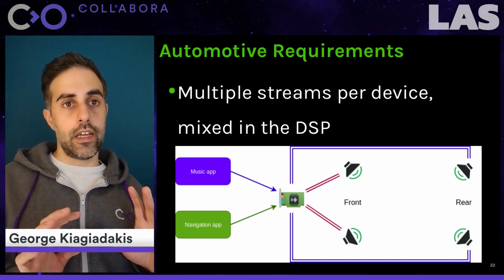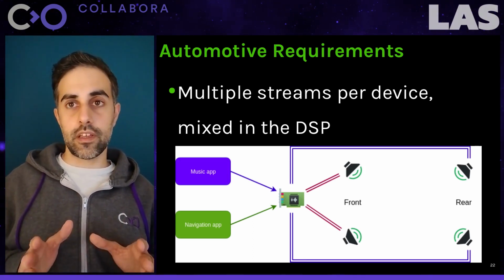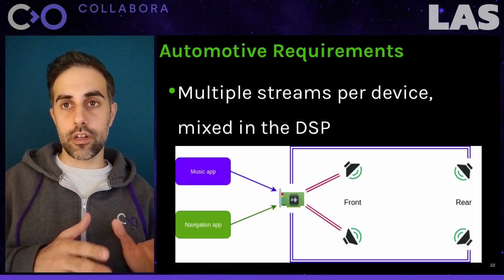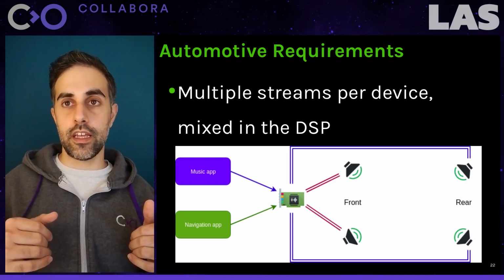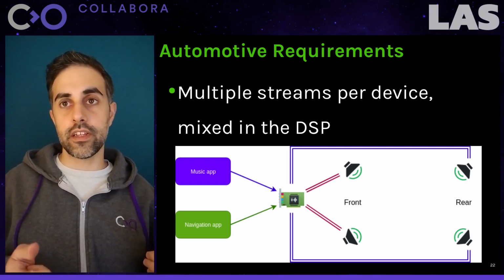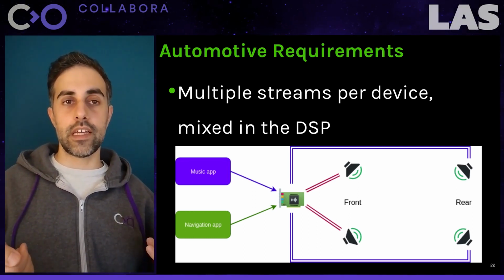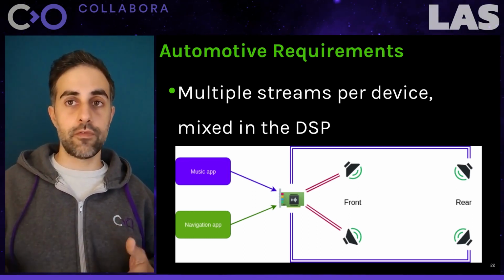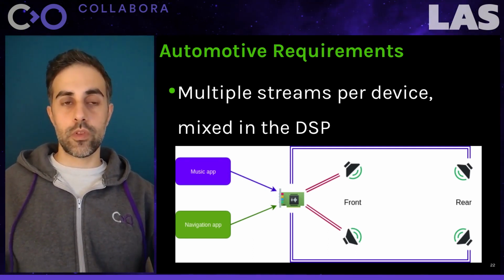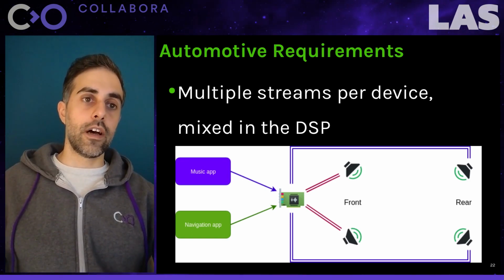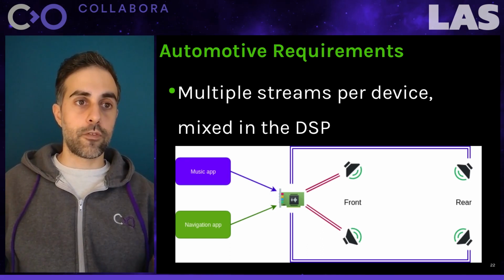And in WirePlumber, we designed something that makes that work on top of PipeWire. So applications in AGL can declare their intent, their role, and they can connect to PipeWire, and they will say, I'm a music app or I'm a navigation app, and they will get proper routing to the sound output with a certain policy applied, of course.